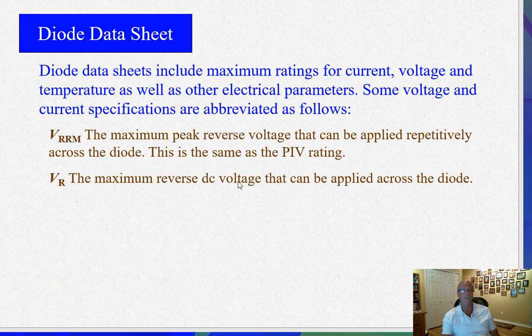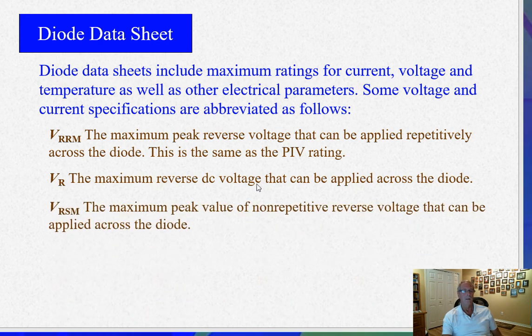Remember last time we talked about the breakdown voltage? That's what happens. It does break down, and it can damage the diode. Non-repetitive reverse voltage that can be applied across the diode. These are all very related. Matter of fact, they may not be specified separately. They may just be lumped into the PIV rating.